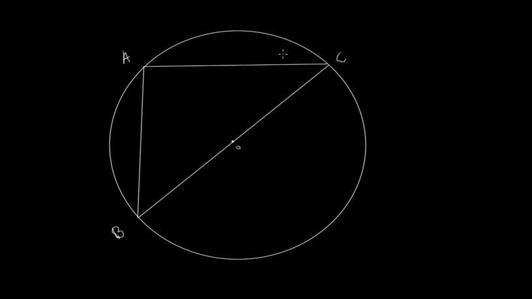And if we have triangle A, B, and C, it means that this triangle has been formed through the center. It's passing through the center, and one part of it is on one side of the semicircle.